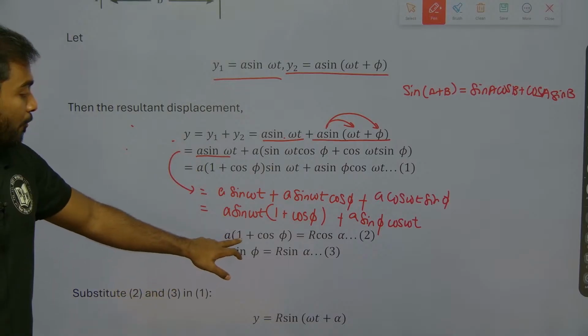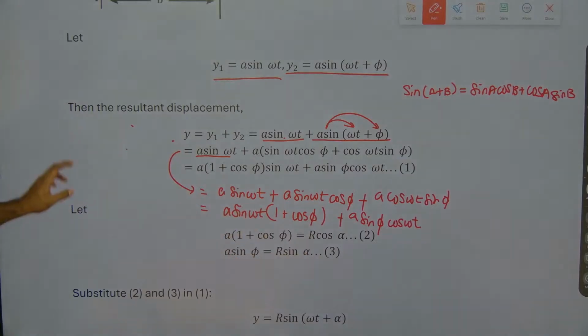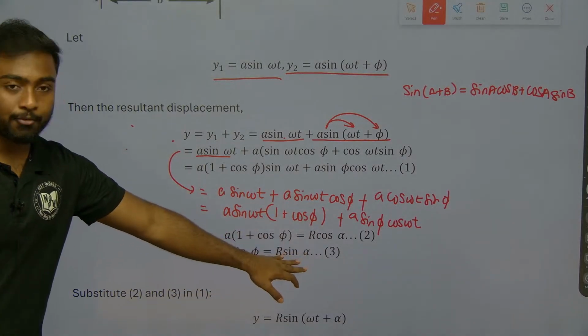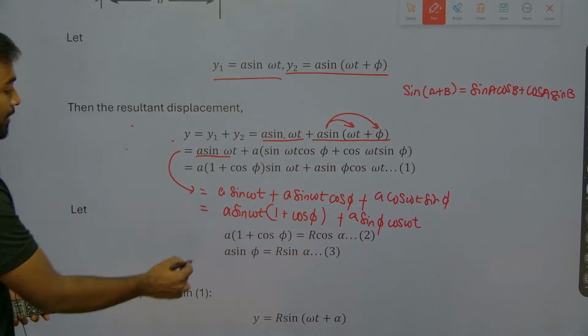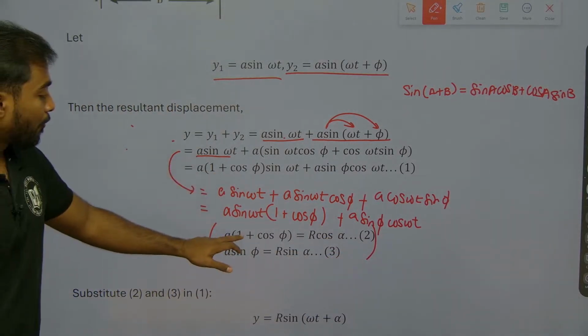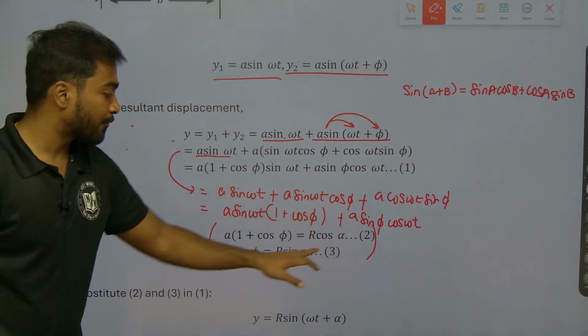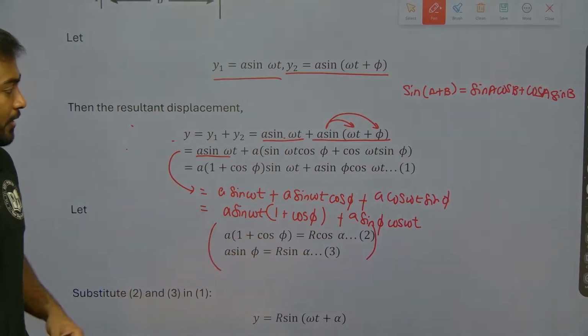So a of 1 plus cos phi is nothing but r cos alpha we have taken, and a sin phi we have taken as r sin alpha. When these are substituted in equation 1, with a of 1 plus cos phi and a sin phi taken as r cos alpha and r sin alpha, what happens?